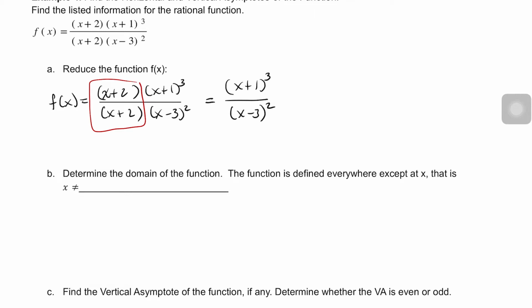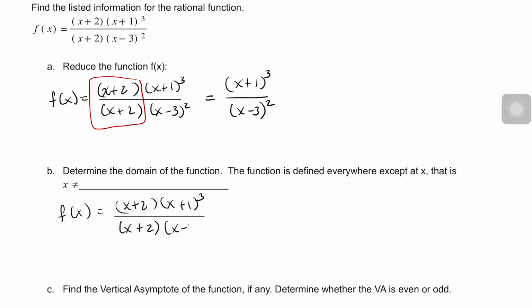Now we have to find the domain of the function. That is, the function is defined everywhere except at x, that is, x cannot equal certain values. To do this, we need to go back to the original function and determine where the denominator will be 0.